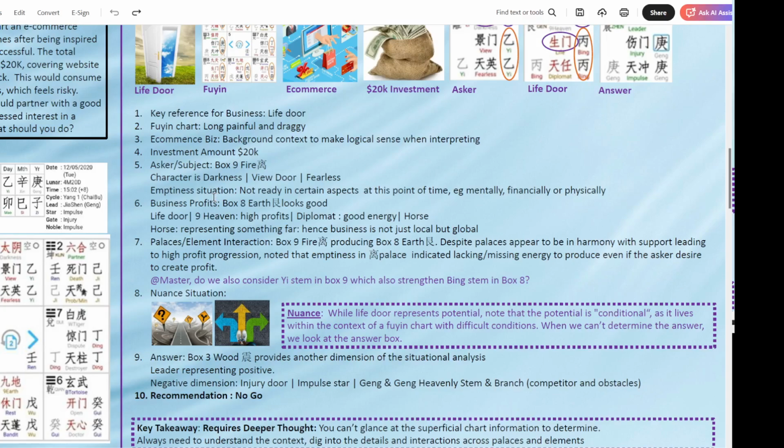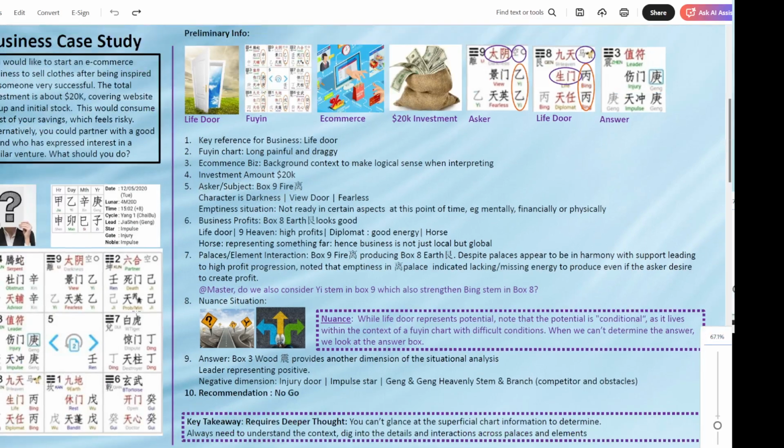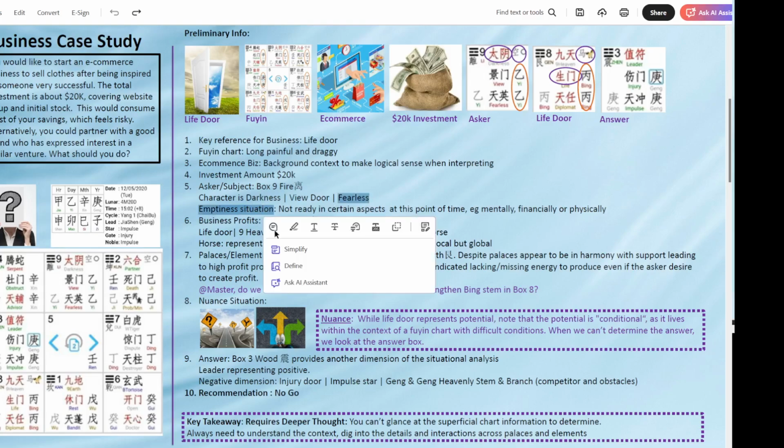Now look at the Asker box itself. Asker is at box 9. What are the elements inside? It is Darkness, View Door, and Fearless Star. One thing to take note of, very important, is that there is this emptiness in the box.